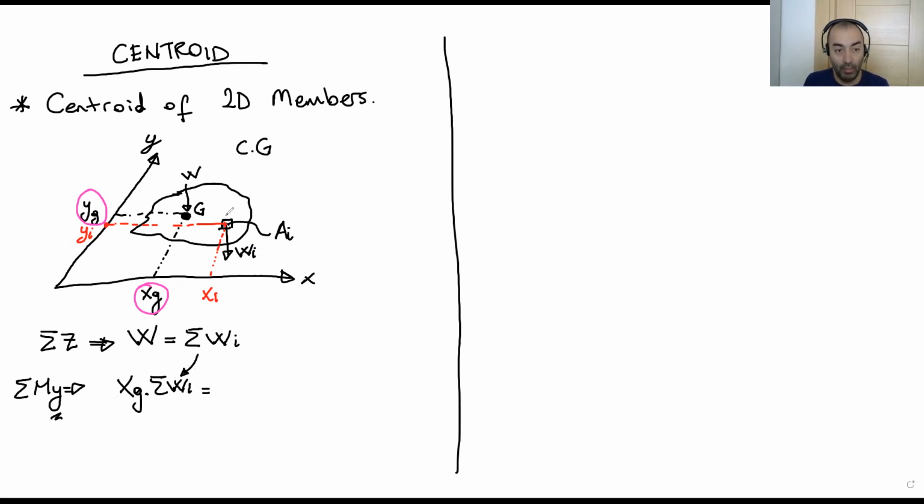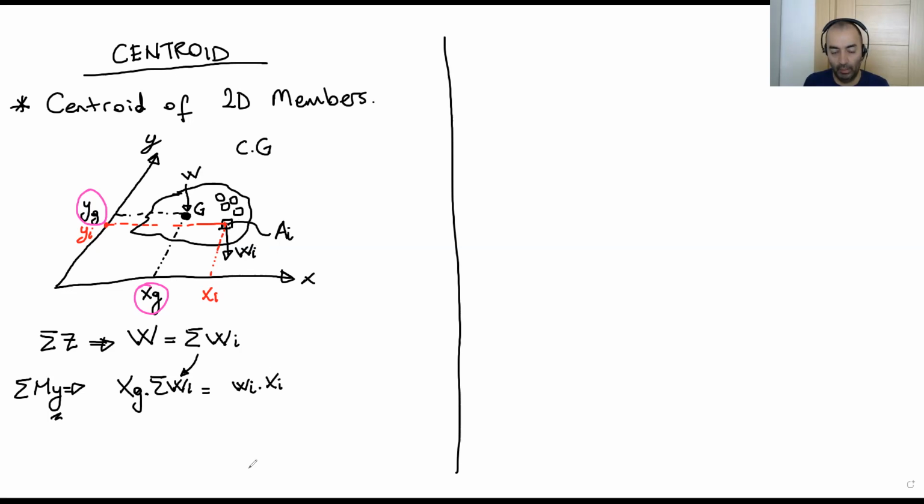So I have many small members here. I don't know how many. So what I'm gonna do, I'm gonna calculate the moment of all these small members around the y-axis. For example, for this member, Wi times xi.